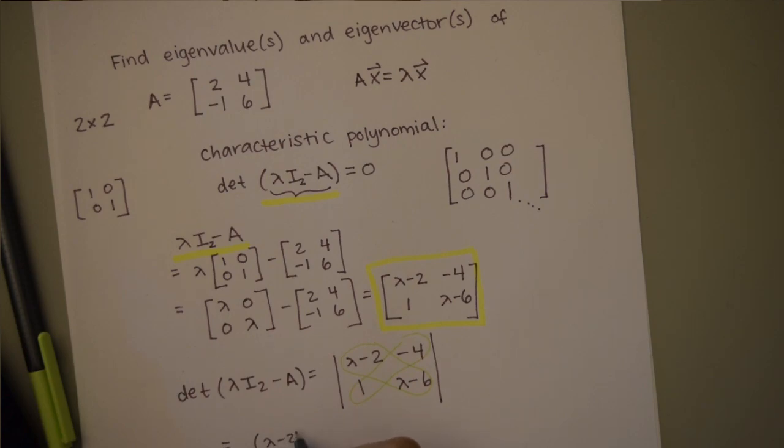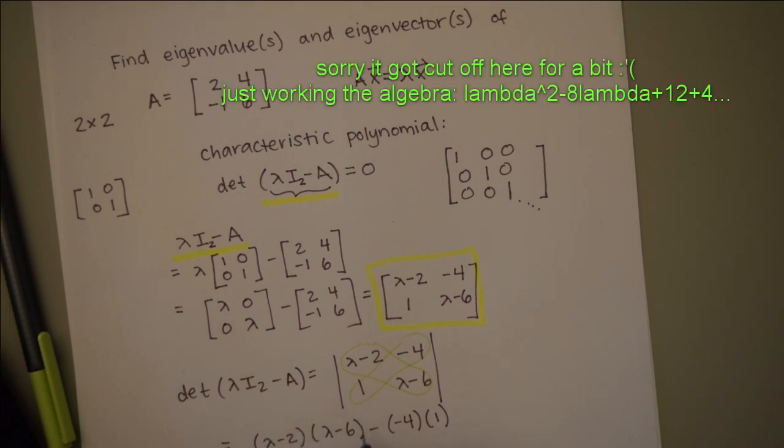So that would be lambda minus 2 times lambda minus 6 minus negative 4, because negative 4 times 1. I'll just write it out. Okay, so we can distribute as normal, FOIL. So lambda first, outer, inner, last, right?